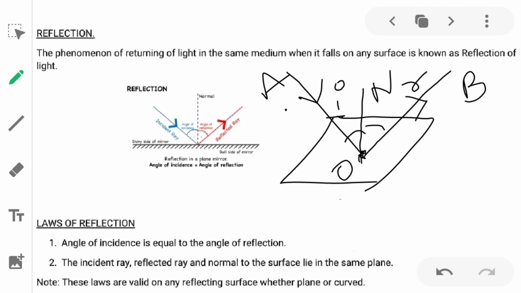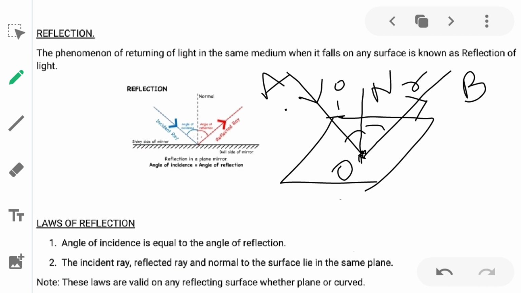How do we measure these? The angle between the incident ray and the normal is the angle of incidence. The angle between the reflected ray and the normal is the angle of reflection.